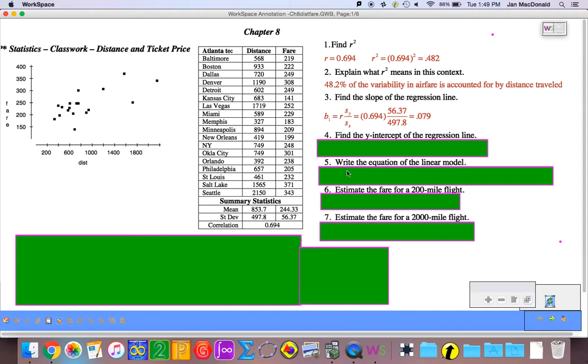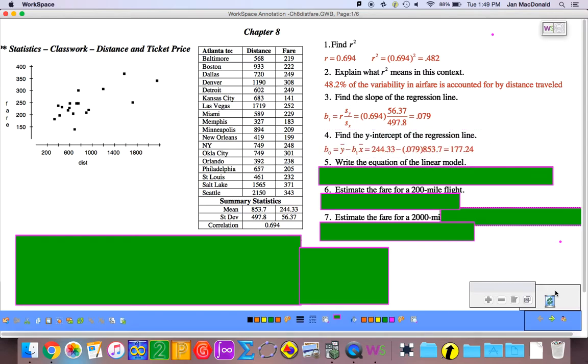So plug it in. So here we go, we plugged it in, and we got the y-intercept of the regression line is 177.24.